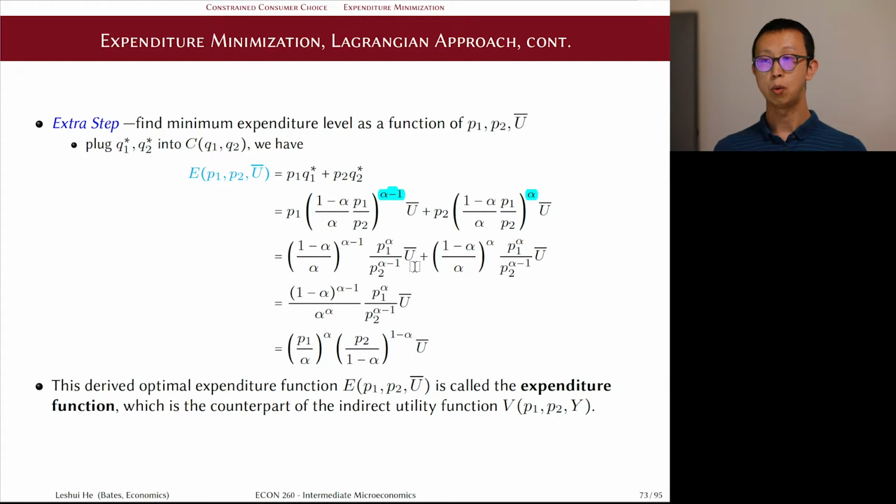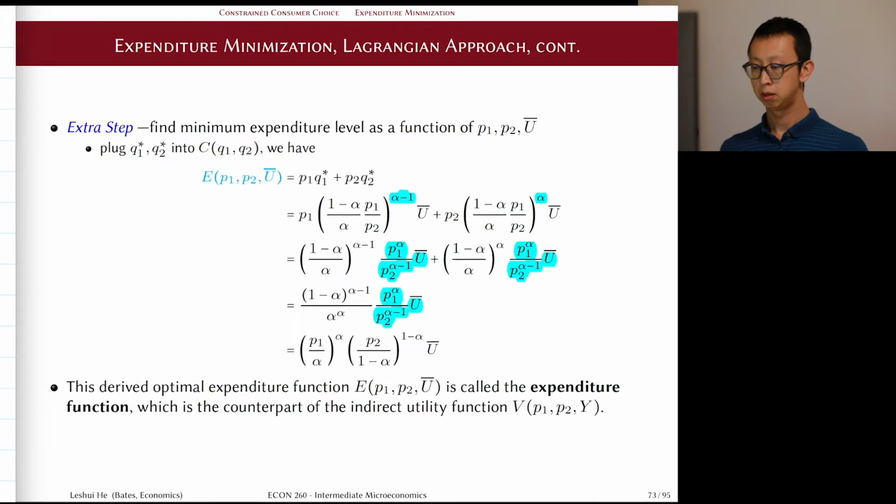So now, what I noticed is that this expression here on the left is exactly the same expression as this one on the right-hand side. So what I did is that I tried to factor them out.